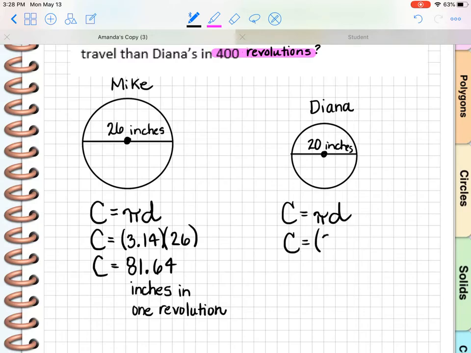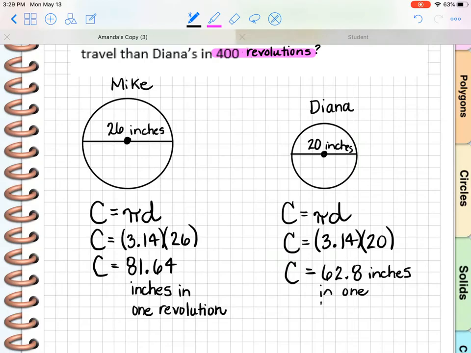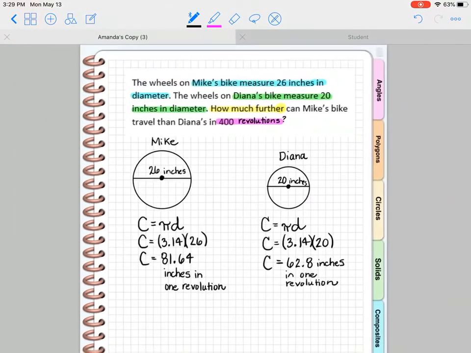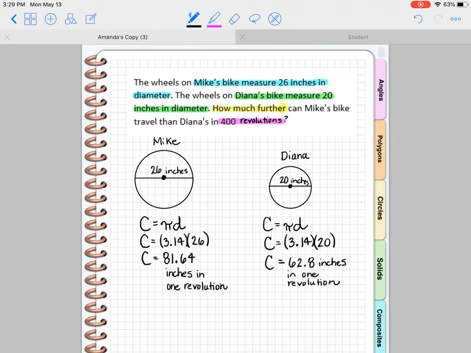So pi d and multiply is 62.8 inches in one revolution. So we can see just right here that Mike can go considerably further than Diana.